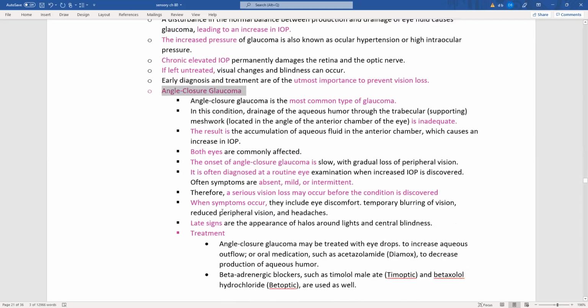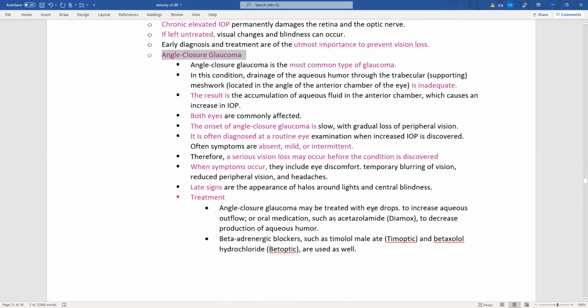Treatment: they're going to be treated with an eye drop to increase aqueous outflow. So they're going to get something such as acetazolamide. I take methazolamide, so it's in the same category.